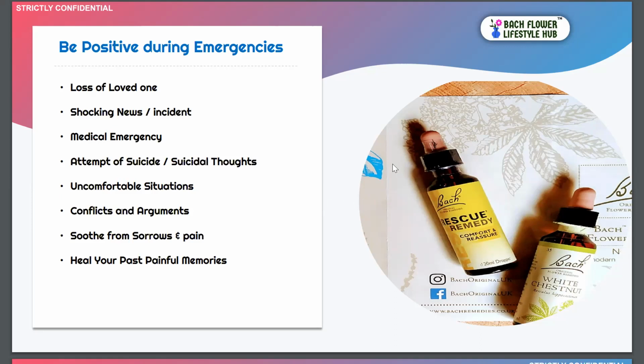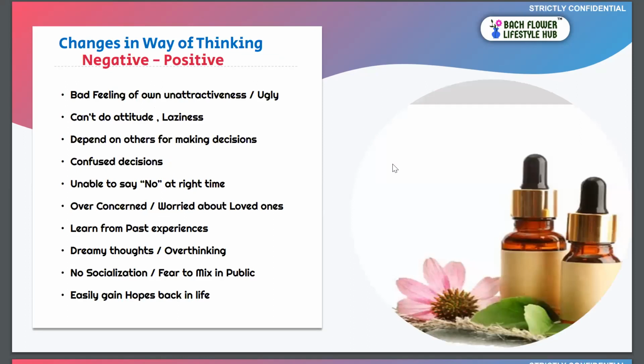Okay. Moving to the next slide, changes in the way of thinking. We also call it the nature of our human being, how we think, how we behave, how our emotions are built. We can really improve this using the Bach remedies in terms of bad feelings of one's own attractiveness. Some people by nature are not good, or maybe some incident or experience made them land in this particular situation.